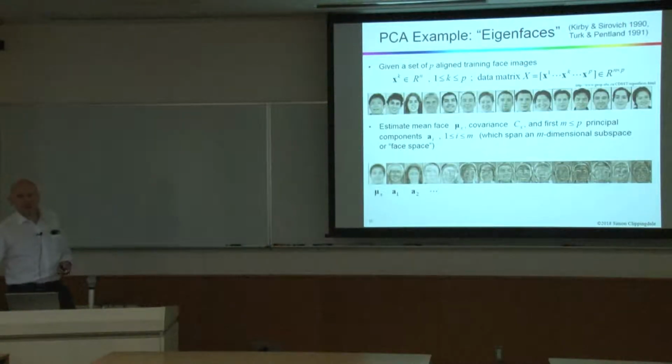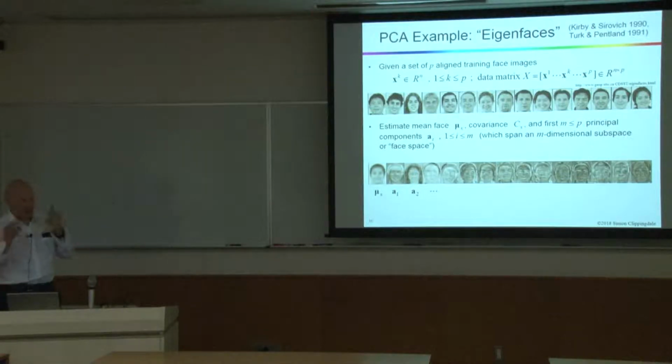Here's an example of using this for face recognition. This was an actual face recognition system developed back in 1991. So you start with a set of training face images. Here they are. There are 15 in this example. They're aligned, so you need to try and get everyone's faces lined up.